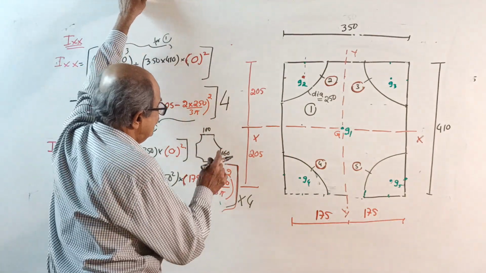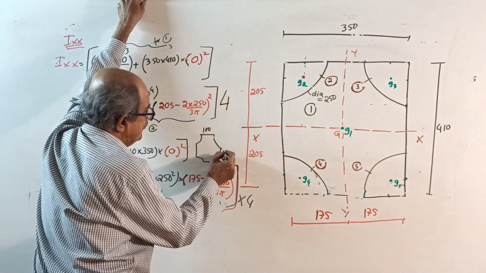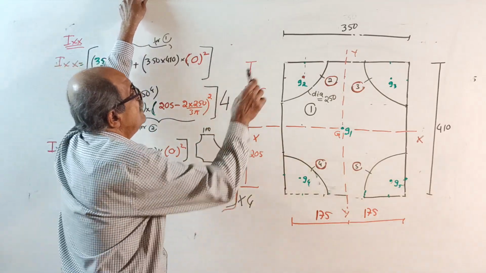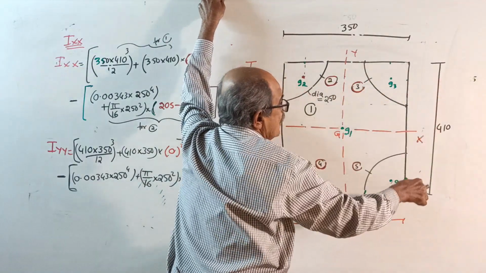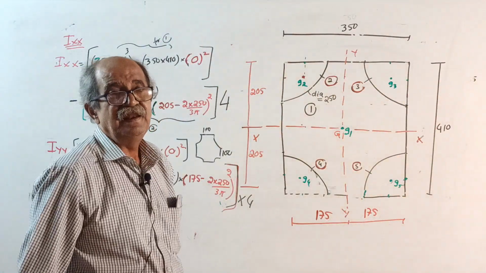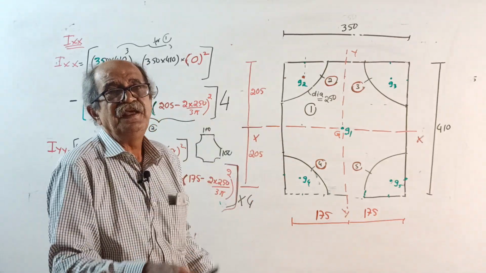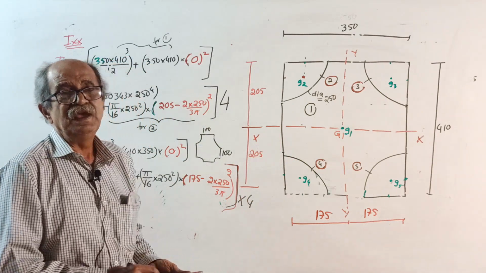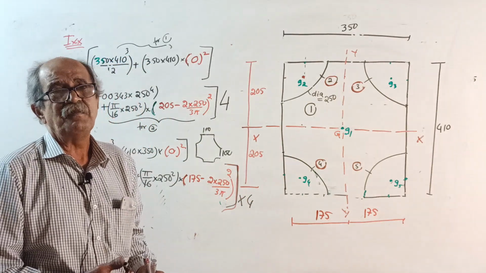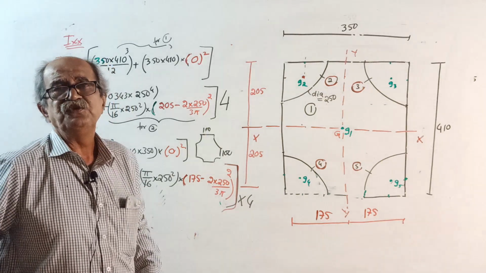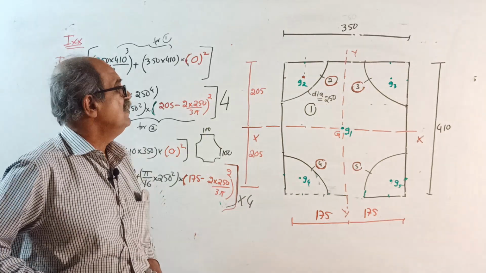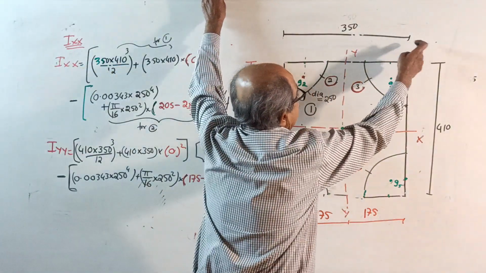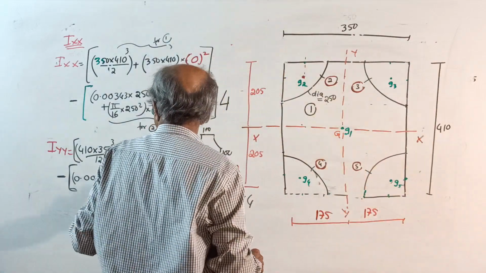By chance, if this was also given as 100, or both were given as 160, suppose 100 is given, then this is 350 and this is also 350. Then if you rotate by 90 degrees, there is no effect. In that case, your I about XX will be equal to I about YY. You don't have to calculate: once you get I about XX, you can write Iyy equal to Ixx. But you can't do it here because the dimensions are different. Solve the question.